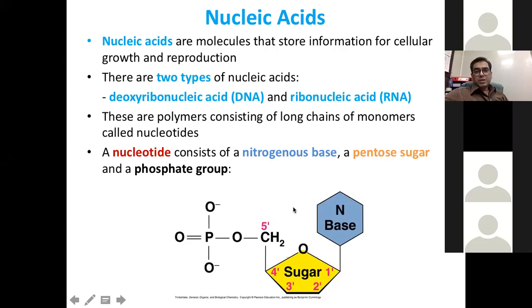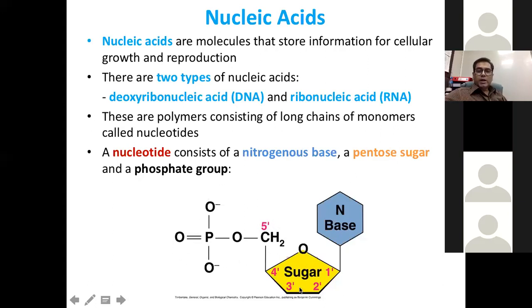Now, the basic ingredient or the recipe of the nucleic acids lies within the nucleotide. And what are the nucleotides? The nucleotides are structures which contain a pentose sugar, a nitrogenous base, we will talk about it in a while, and a phosphate group attached to it.